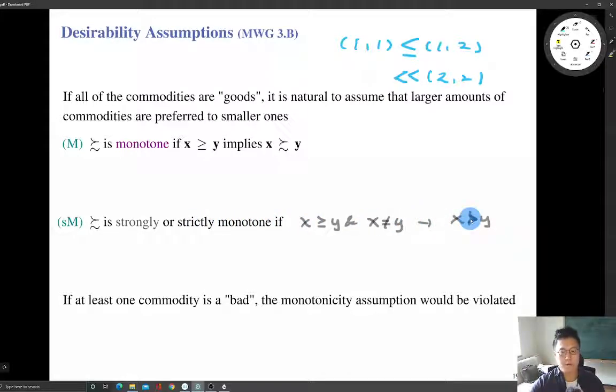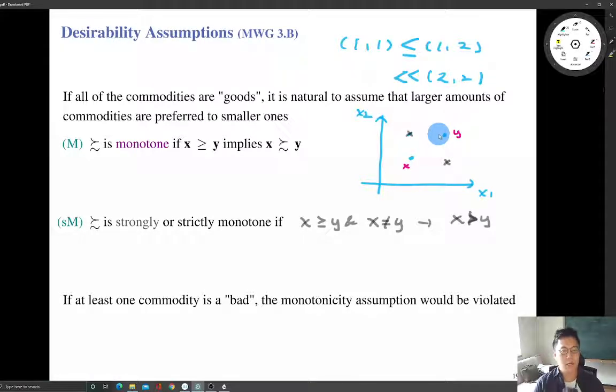One implication of monotonicity: in the case of two commodities, good 1 and good 2, if we compare these two points, say this is X and this is Y, then Y is clearly better than X. But we can't compare these other two bundles; the ranking between them will be determined by the exchange ratio.